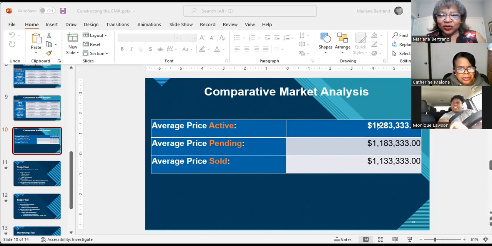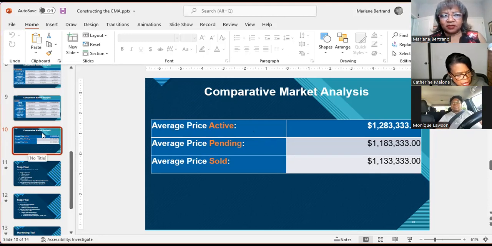All right, so we're now at the final result. When you're looking at all of these, the actives, the pendings, the solds, when you get this information using a CMA program, it's going to give you the average this and the average that.